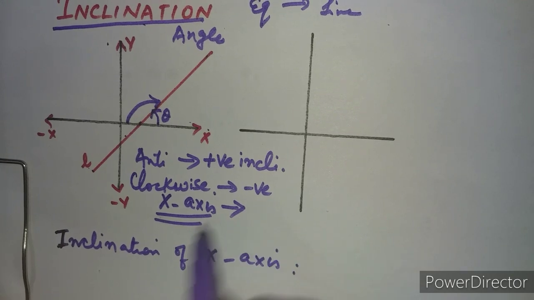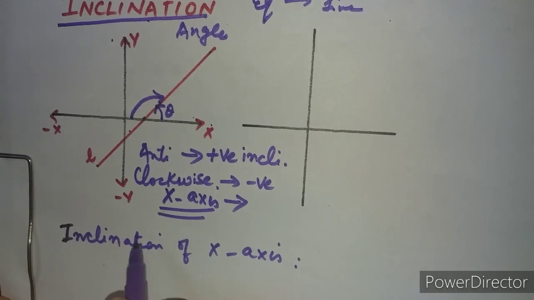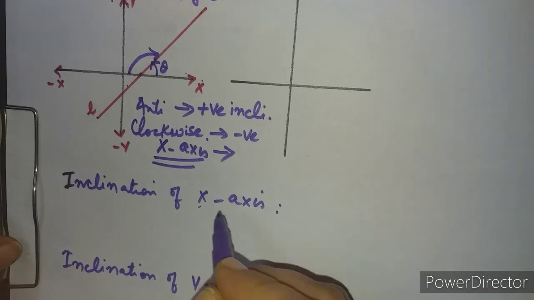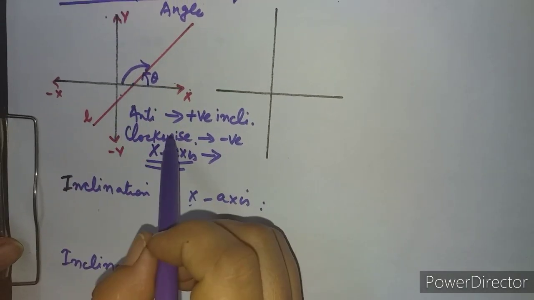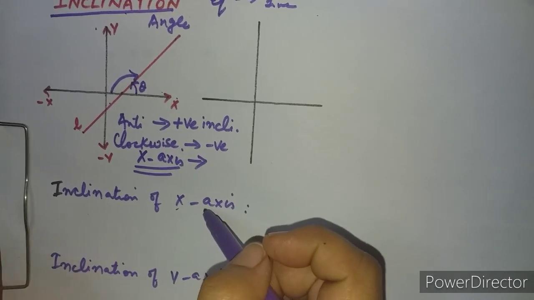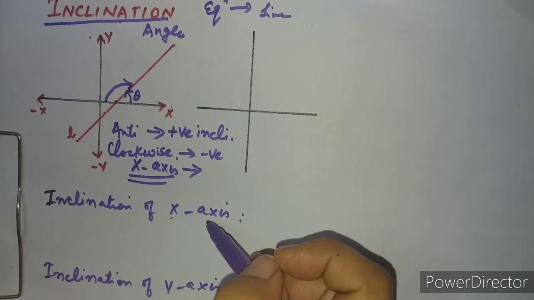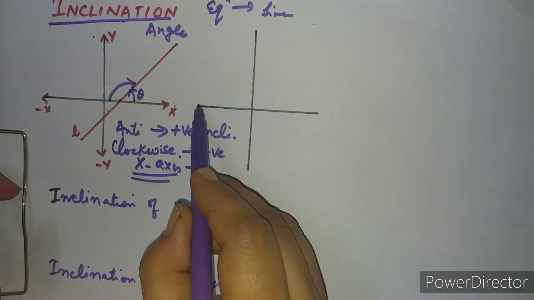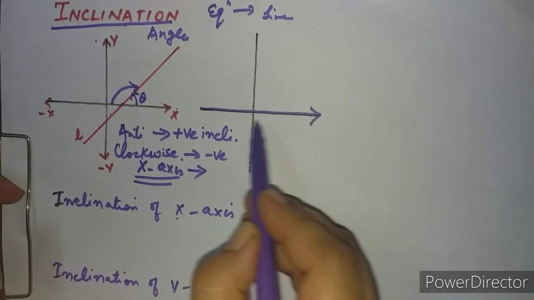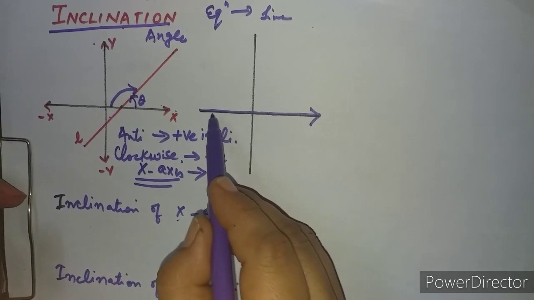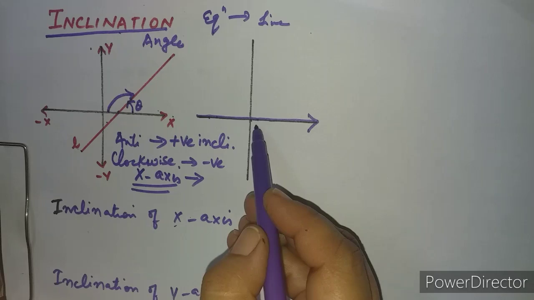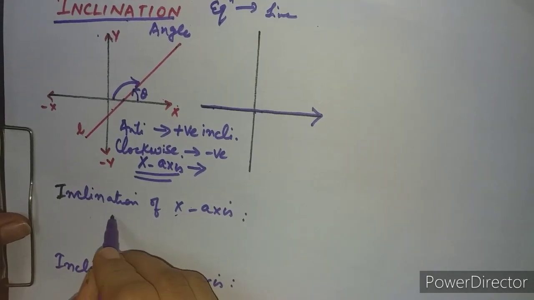The second thing about this concept is: what is the inclination of the x-axis? Remember, inclination is the angle which the line makes with the x-axis. Now let us check the inclination of the x-axis with the x-axis only. For that I have drawn a new figure. This is our x-axis, and we want to see the angle it makes with the x-axis. This is the concept of parallel lines.